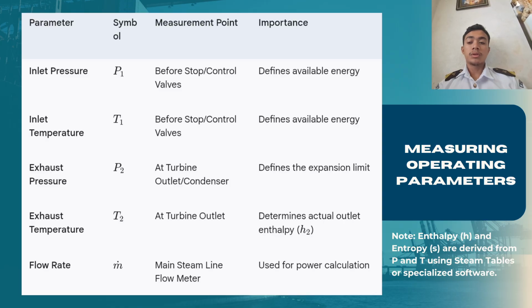Exhaust pressure P2 at the turbine outlet or condenser defines the expansion limit. Exhaust temperature T2 at the turbine outlet determines actual outlet enthalpy H2. Flow rate M, on the main steam line flow meter, is used for power calculation.